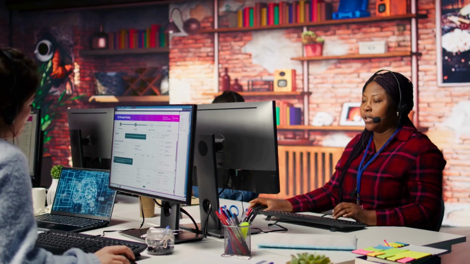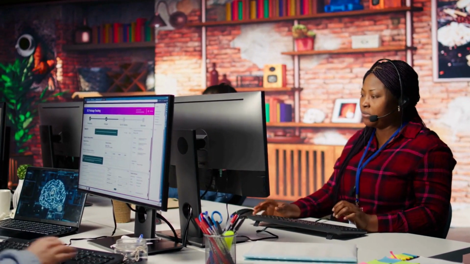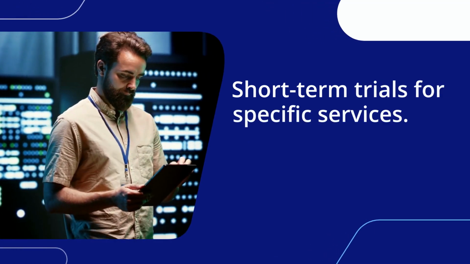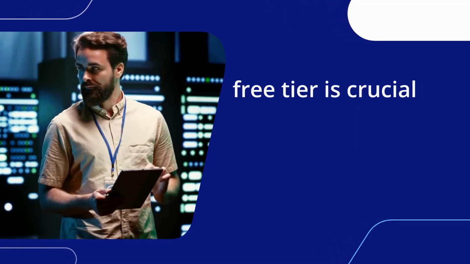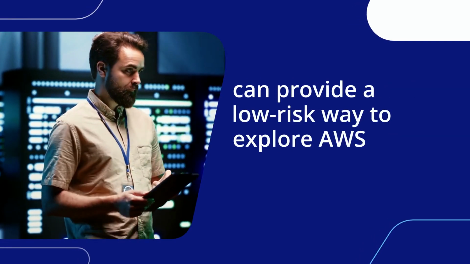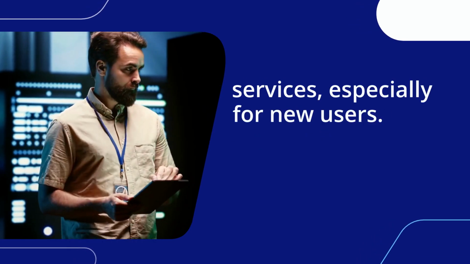Always free. Services that are free indefinitely, such as AWS Lambda, with a certain number of requests. And trials, short-term trials for specific services. Understanding the free tier is crucial for exam preparation, as it can provide a low-risk way to explore AWS services, especially for new users.